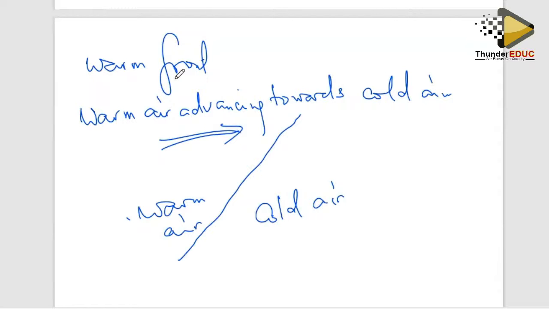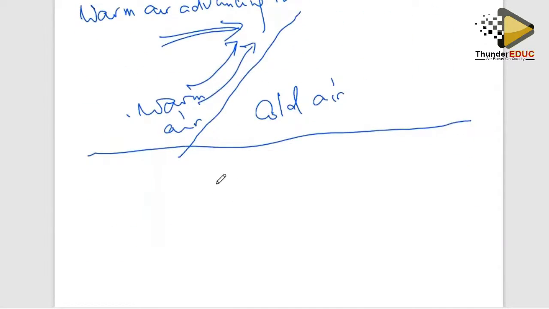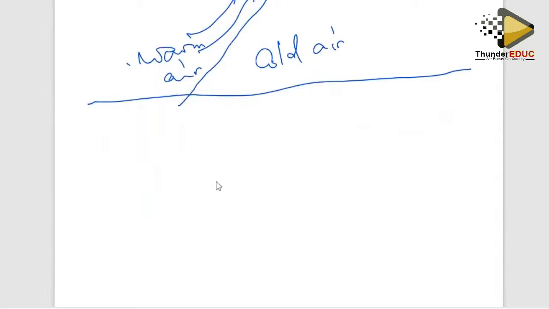Warm air, because it's less dense, cannot effectively push towards this side with cold air. And what is going to happen? The cold air will keep occupying the bottom part of the atmosphere, while the warm air will gradually get displaced into the upper atmosphere because it's less dense. So that is the situation whereby we have a warm front. When we're indicating a warm front on a map, we use a line and some semicircles.